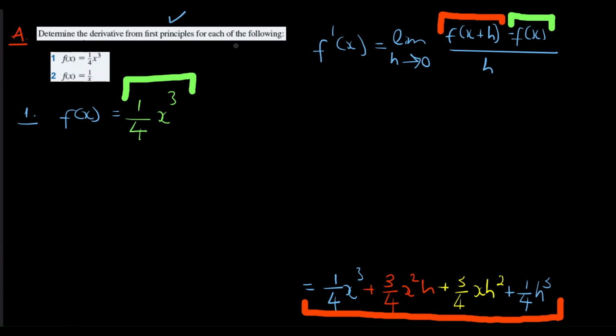So we're going to go ahead and say f prime of x is equal to the limit as h approaches 0.